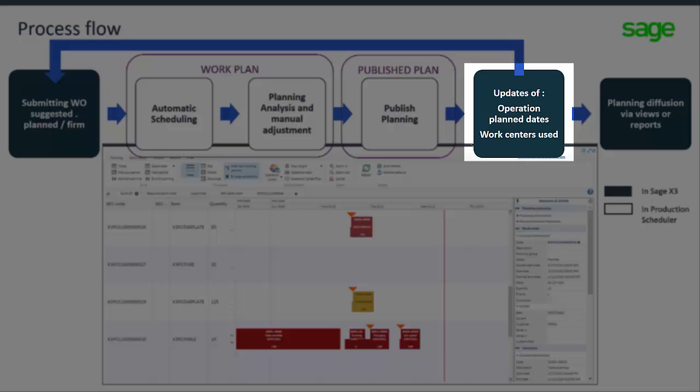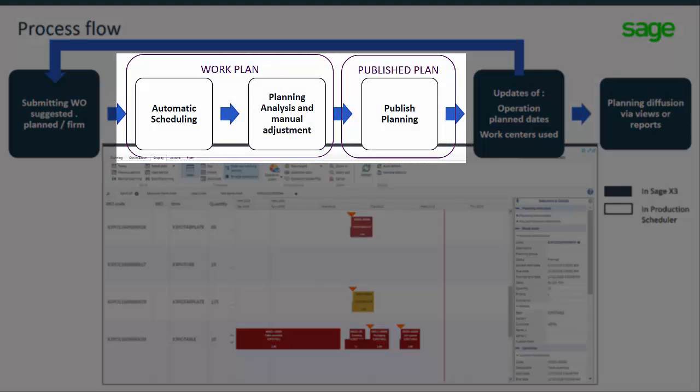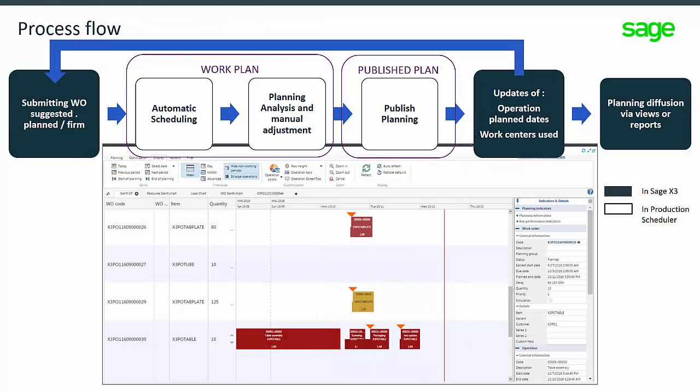Sage X3 will be updated based on the published plan data, with the new start and end dates, and with different work centers if modified during the scheduling process. By default, a work order remains in the production scheduler until its completion. Upon tracking, the remaining time of the operation in the Gantt will be updated in the work plan.